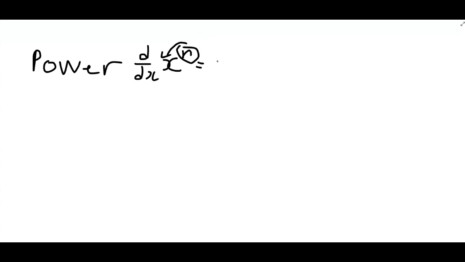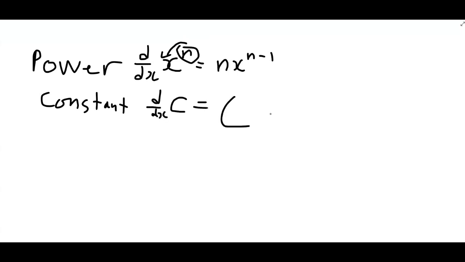So it becomes n times x to the power of n minus 1. Also, the derivative of any constant: let's say you're given a c, and I take the derivative of that c with respect to x, it simply becomes big fat zero.